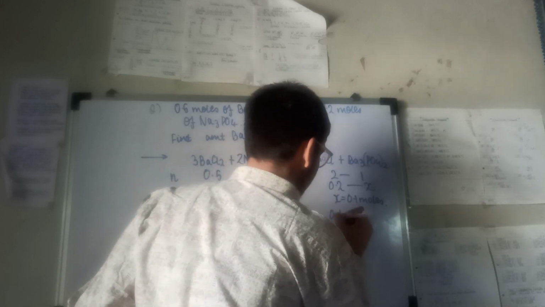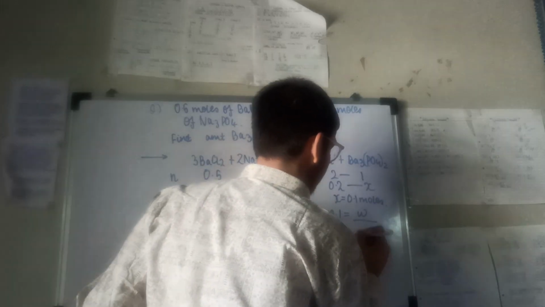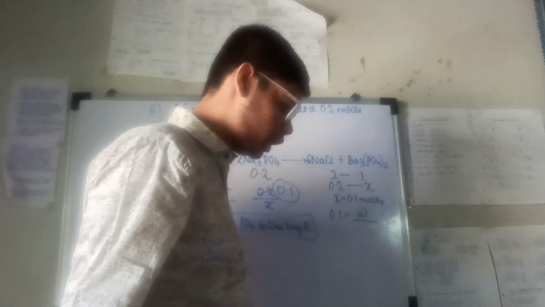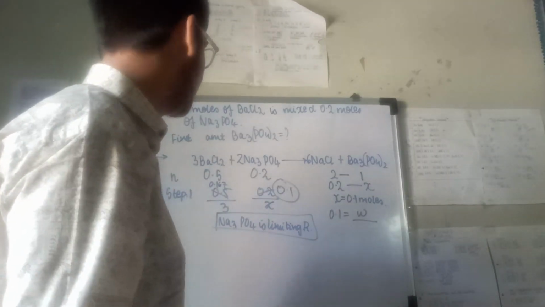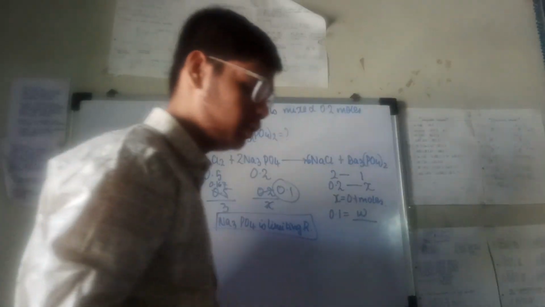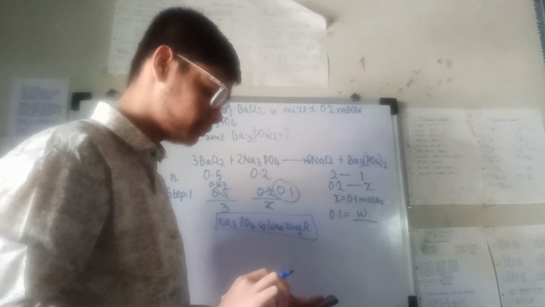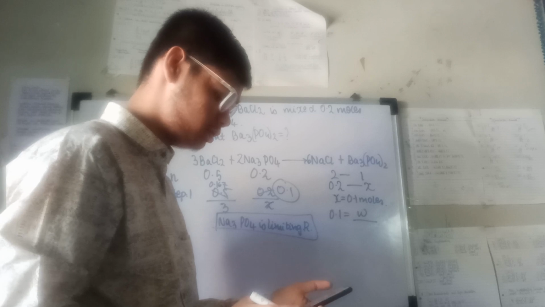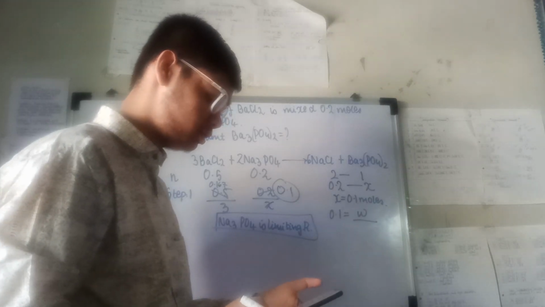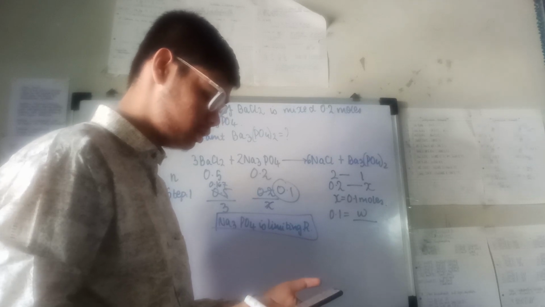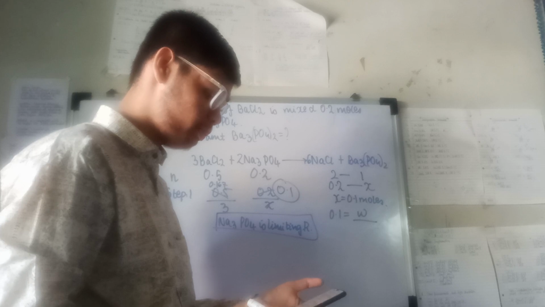So 0.1 is equal to weight by molar weight. Calculate the molar weight. What is the molar weight here? For Ba3, check the atomic mass of barium.